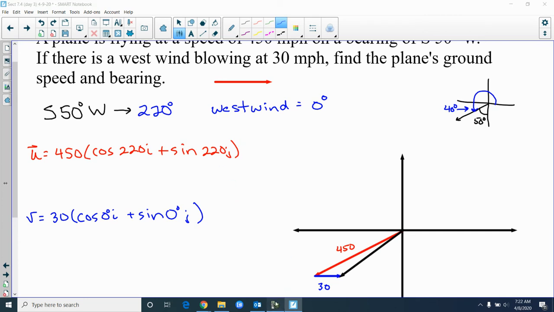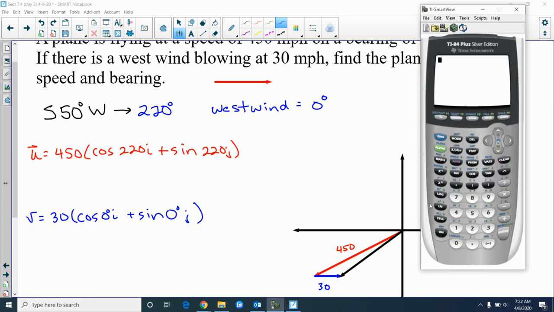Okay, calculator. 450 cosine 220, and then 450 times sine 220.